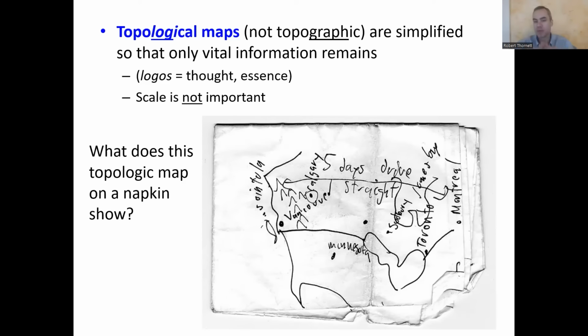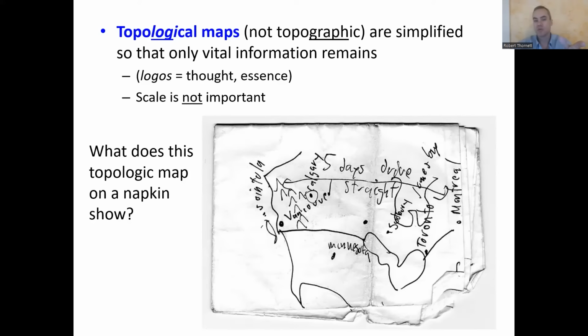So on this map in the middle, you can see it says 5 days straight. It looks like, okay, there's Minnesota down there, there's Toronto, Vancouver. So basically, that's Canada up there. They're driving from one end of Canada to the other, basically, from up in British Columbia above Vancouver, all across Canada to Montreal.